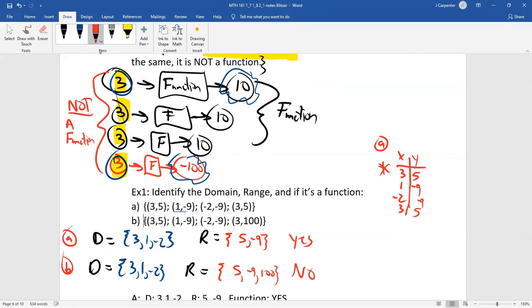So here's what some students will do wrong. They'll look at the first one and they'll say it's not a function because of this -9 is repeated, but the input is a 1 here and a -2 here. You've missed the point entirely. We don't care about repeated answers. We care about repeated inputs not having repeated answers. Don't look at the y values or the second values at all until you've found out if there's even repeated inputs.